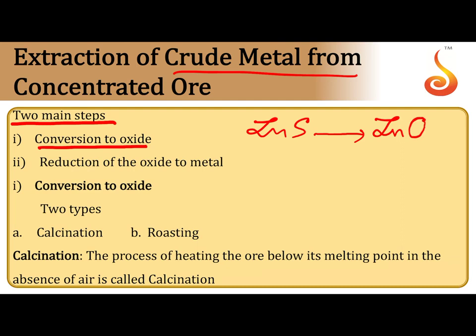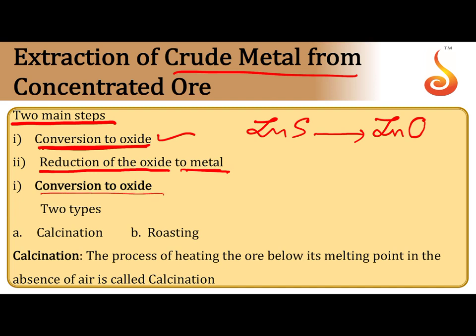If the ore is already in oxide form, no problem. But if other than oxide ore is there, it should be subjected to calcination or roasting according to the conditions to convert into oxide ore. From the oxide ore, metal is extracted by the reduction of oxide ore. So, conversion to oxide ore first, then reduction of the oxide ore to get crude metal.